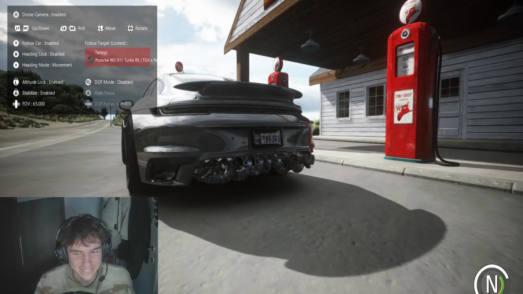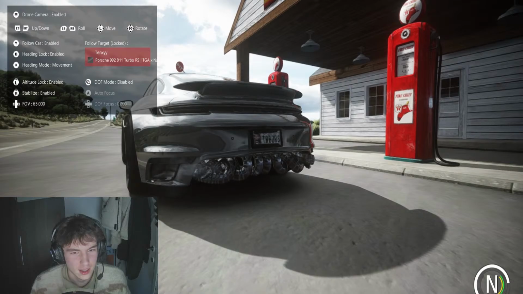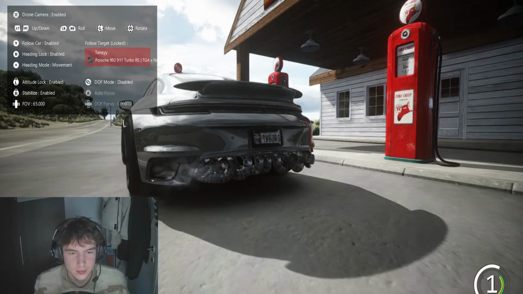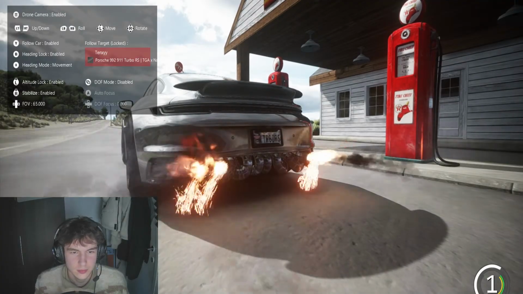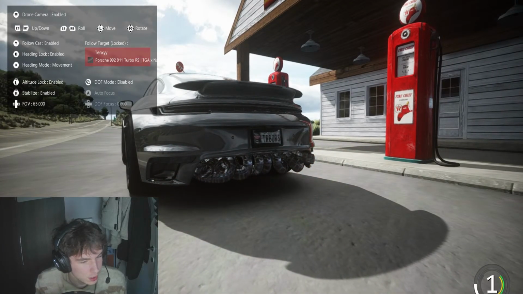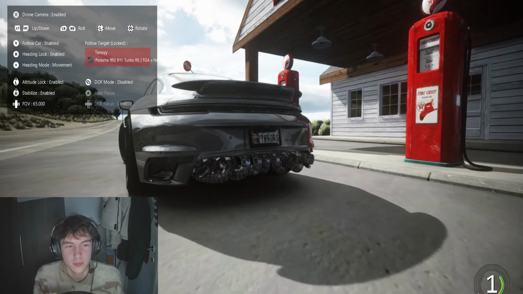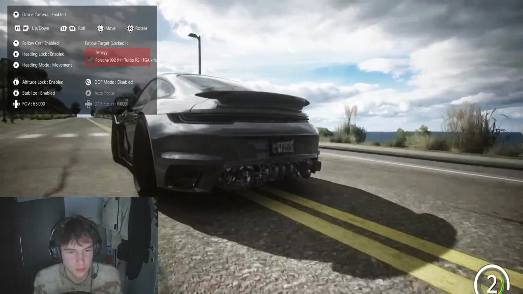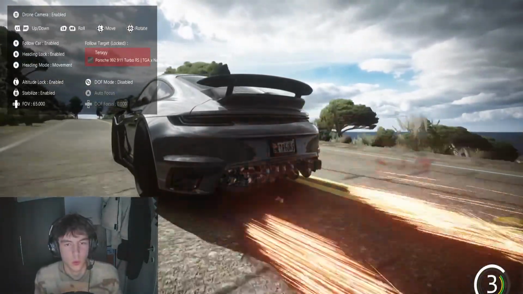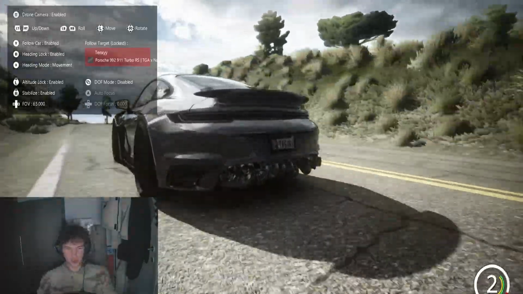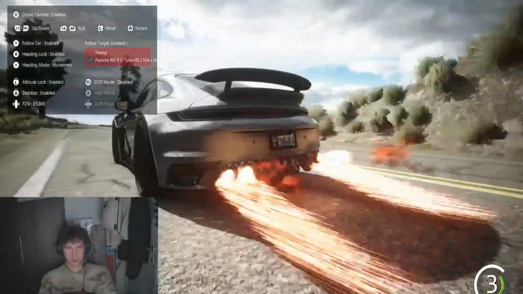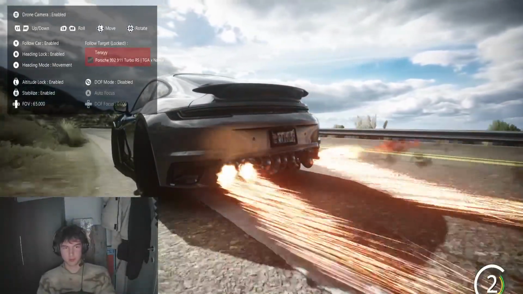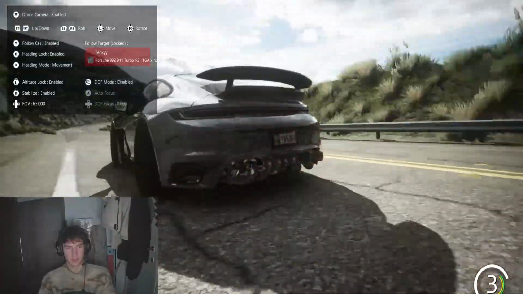Bro. Oh my. Bro, that spoiler just kicks up. I do not see where I'm going. This thing is a manual as well.